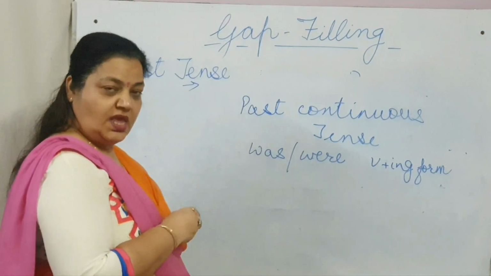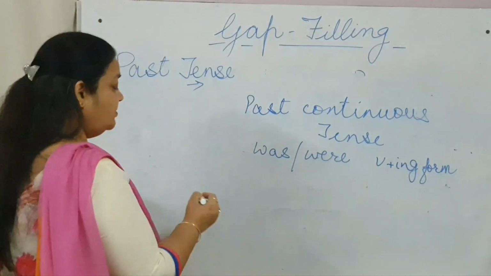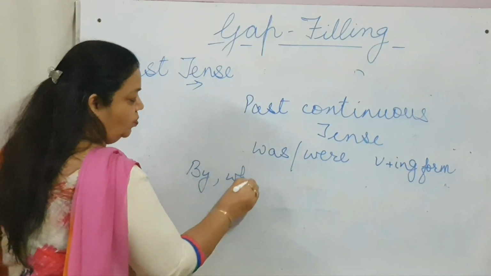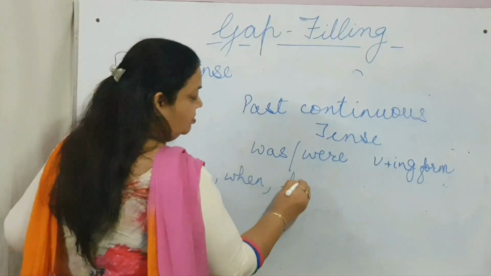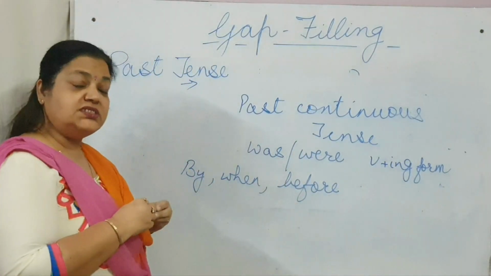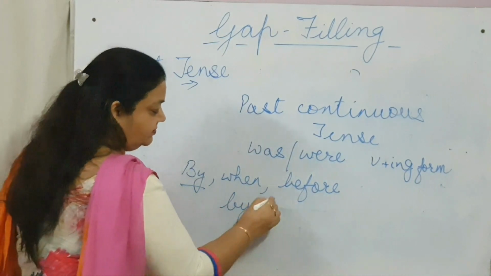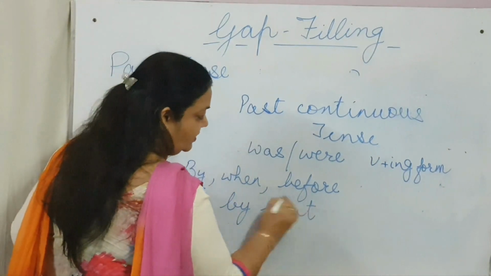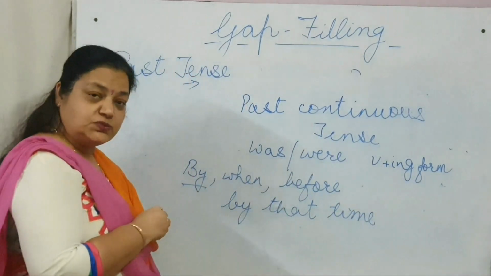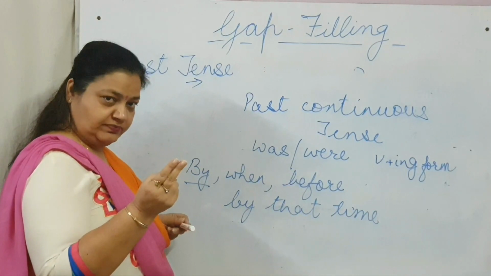Right? And if you find in the sentence some words like by, when, before, these words indicate, by means by that time. And these words are used in relation to two actions happening.